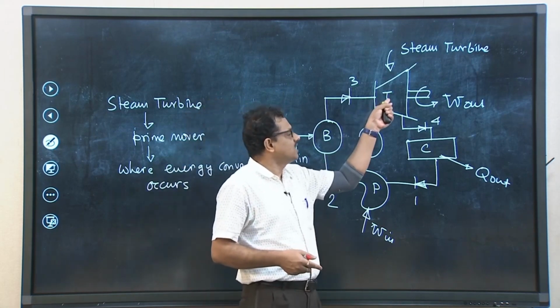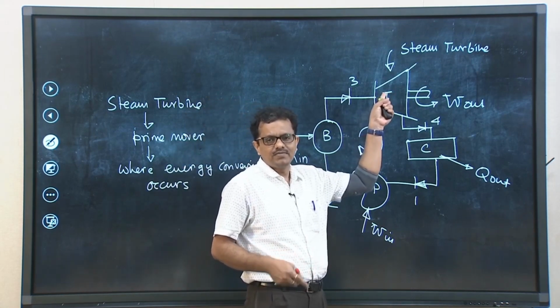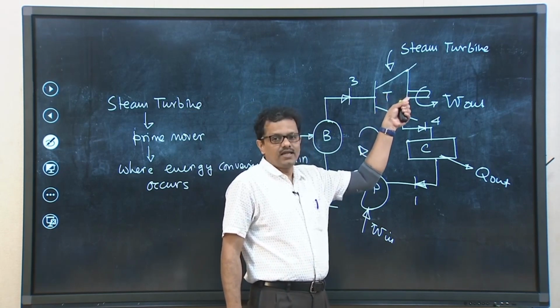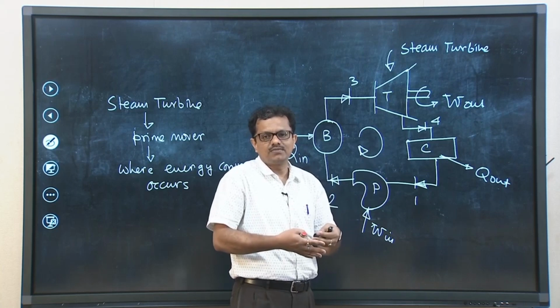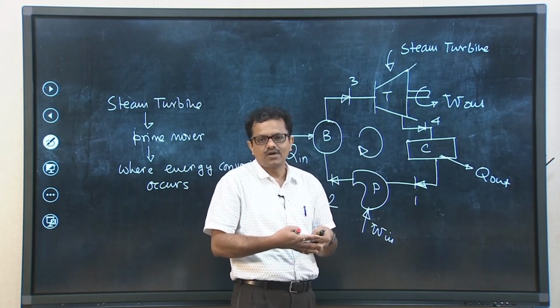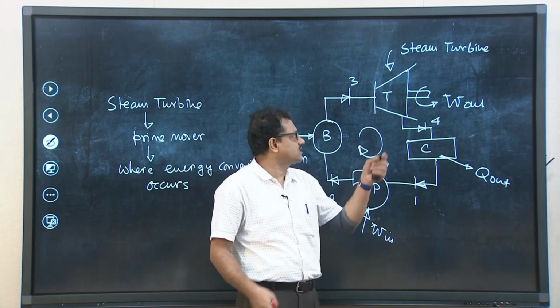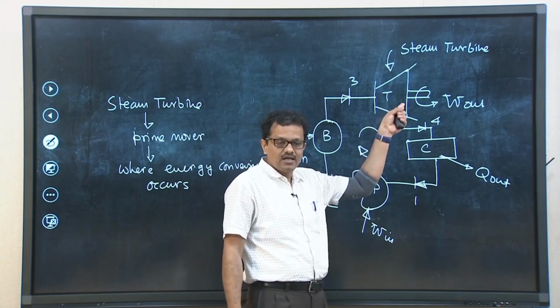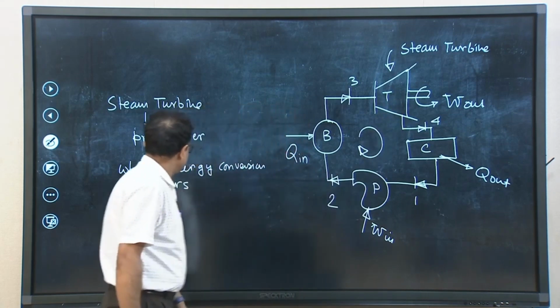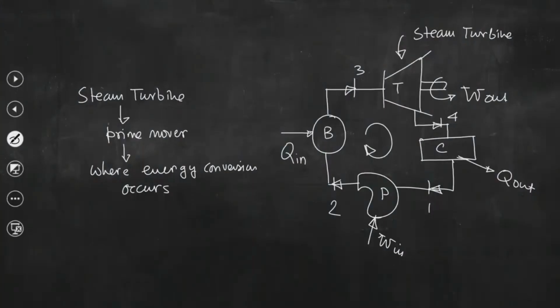So, steam entering the turbine has high enthalpy, and while it expands inside the turbine, at the cost of the enthalpy drop we get some mechanical work. This conversion takes place here, and for that we need certain arrangements. So, this energy conversion occurs following two stages.